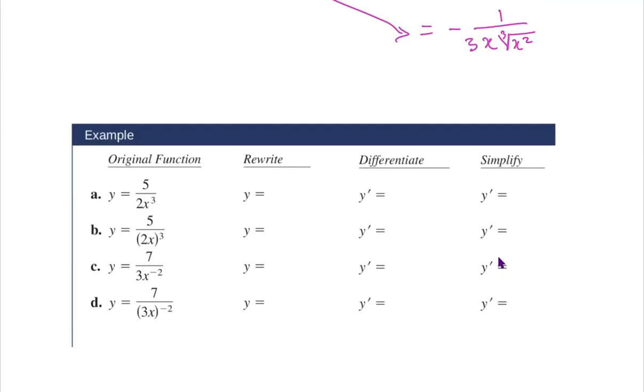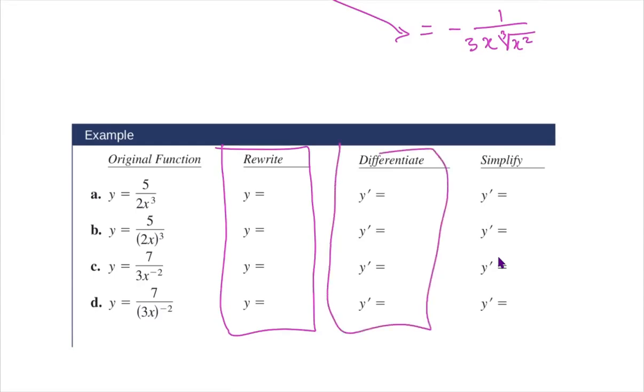So that's why you see that I include this one step here, about rewriting your expression probably in an exponent form, and then you would want to differentiate your expression and then simplify. So those steps would be some outside steps that you do on your scratch paper or whatever, and then get your answers in order.